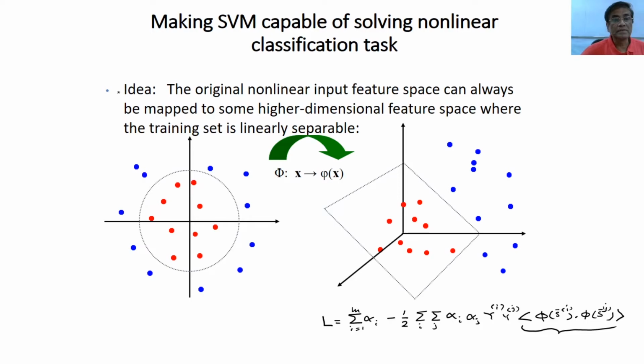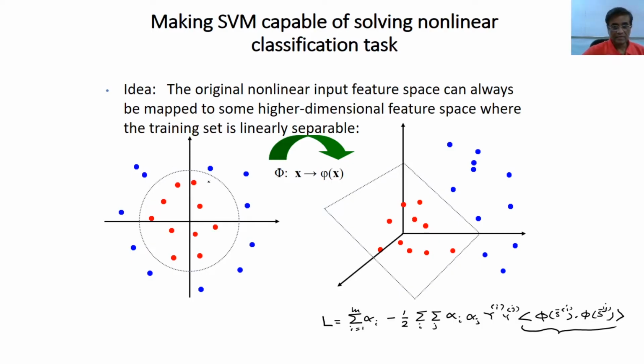But as you have seen, the model we have developed so far is only capable of classifying linearly separable samples. Okay, but what if we have a non-linearly separable problem like this? Then can we extend the beauty of support vector machine? The answer is yes, we are trying to do that. And in this context, we will discuss many important issues.